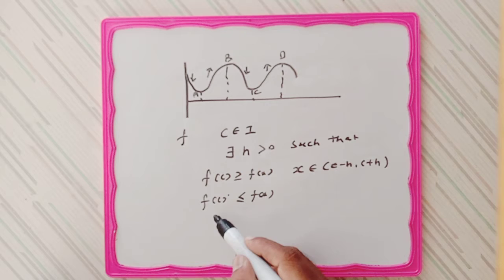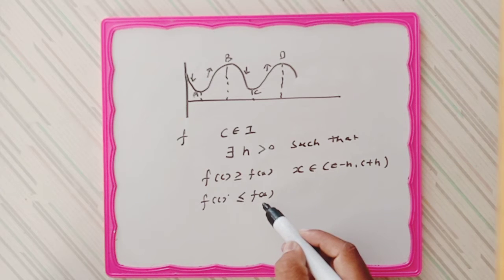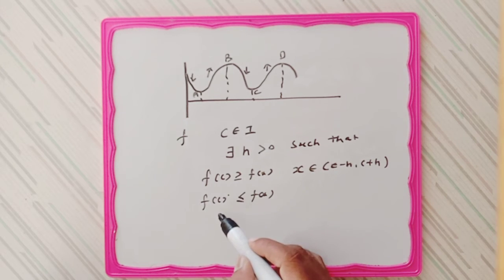And if f(c) is the smallest value compared to all other f(x), then we can say that f(c) is the local minimum value.